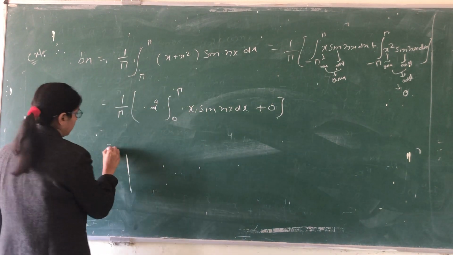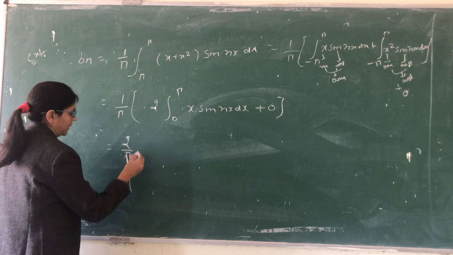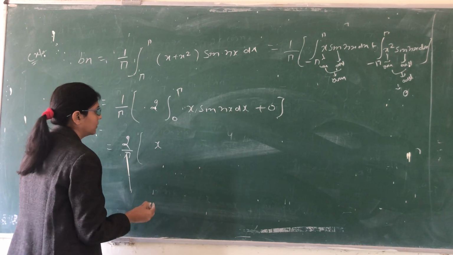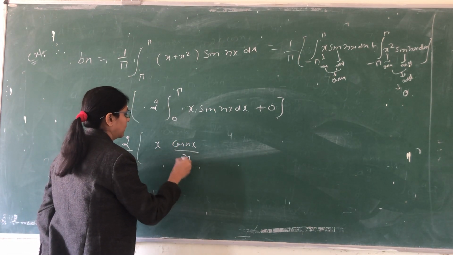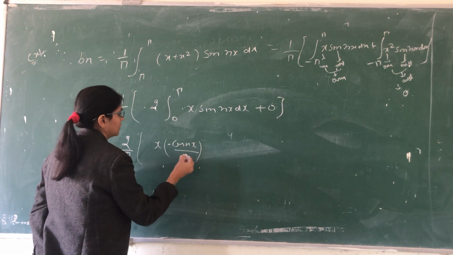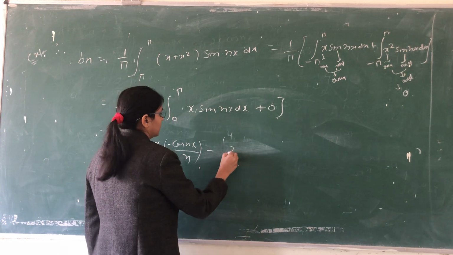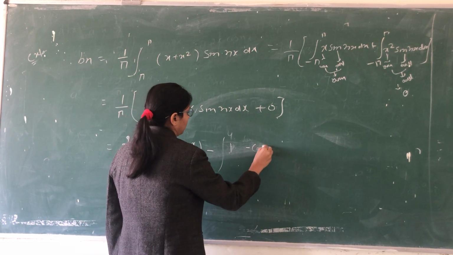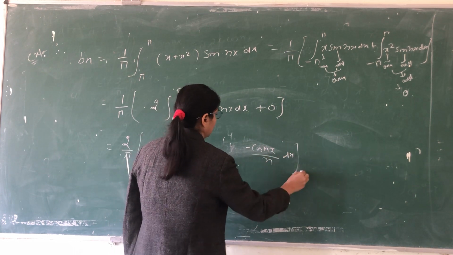Now integrating it by parts: 2 upon pi, integral from 0 to pi. Taking x sine of nx, this is minus x cos nx over n minus the integration of the differentiation of x, which is 1, into minus cos nx over n dx. The limit is 0 to pi.